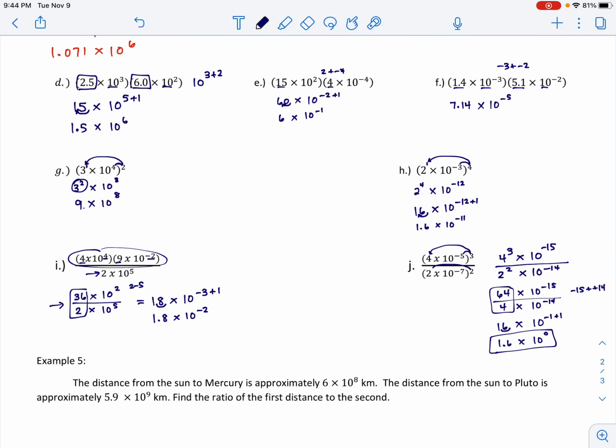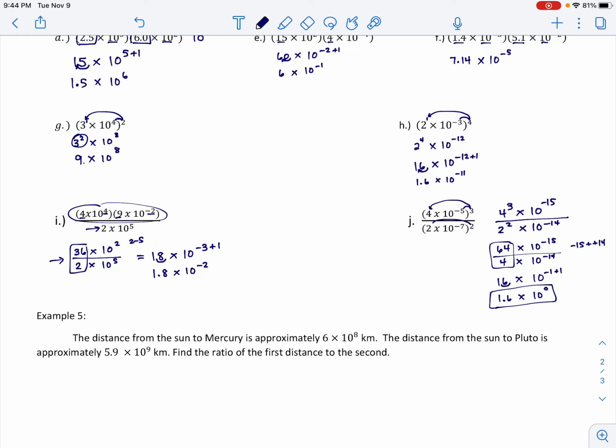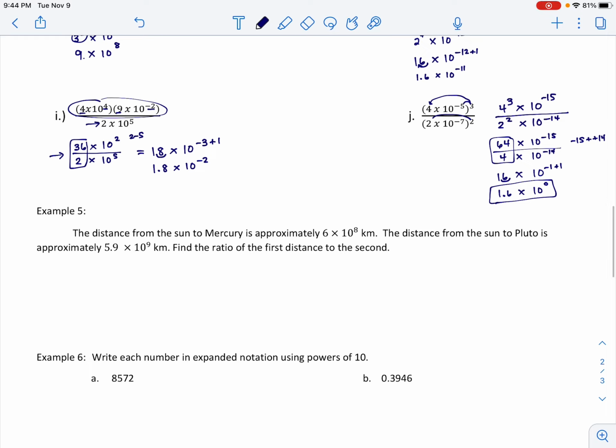Okay? All right. Example 5, you have a word problem. So the distance from the sun to Mercury is approximately 6 times 10 to the 8th power kilometers. The distance from the sun to Pluto is 5.9 times 10 to the 9th power kilometers. Find the ratio.